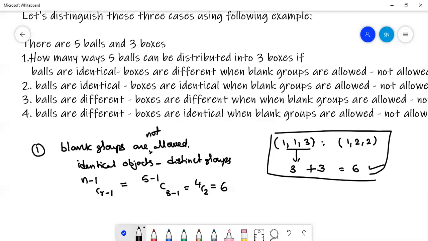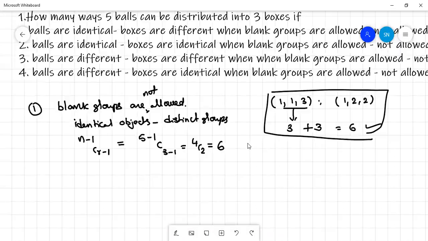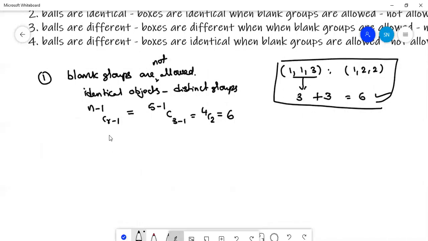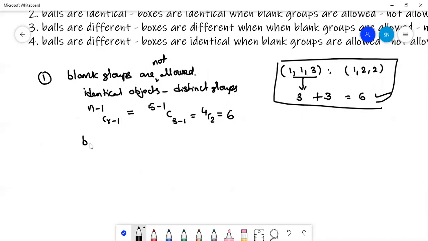Now again, the second part of the first question is, when blank groups are allowed. Identical objects into distinct groups when blank groups are allowed, that is n plus r minus 1 C r minus 1.